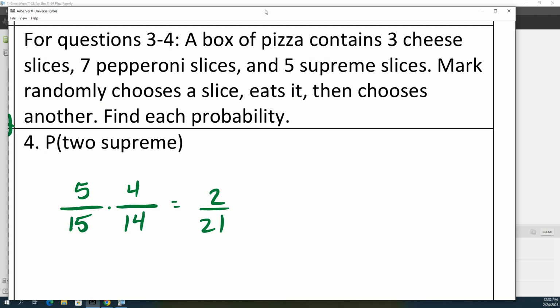Okay, so there's 5 supreme out of 15, and then he eats that. So there's 1 less supreme and 1 less total slice. So it should be 2/21.